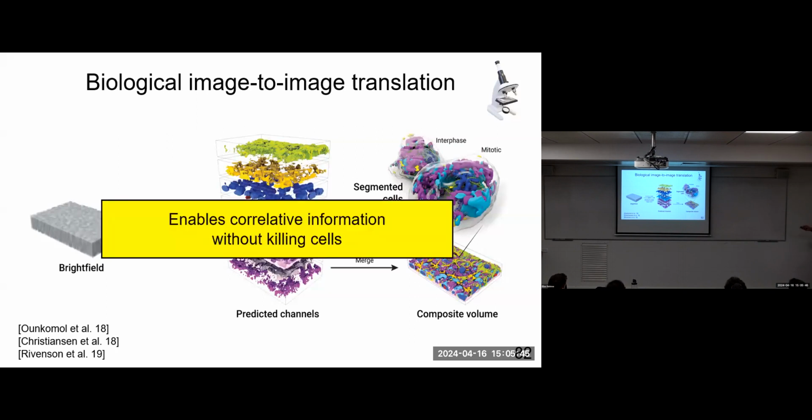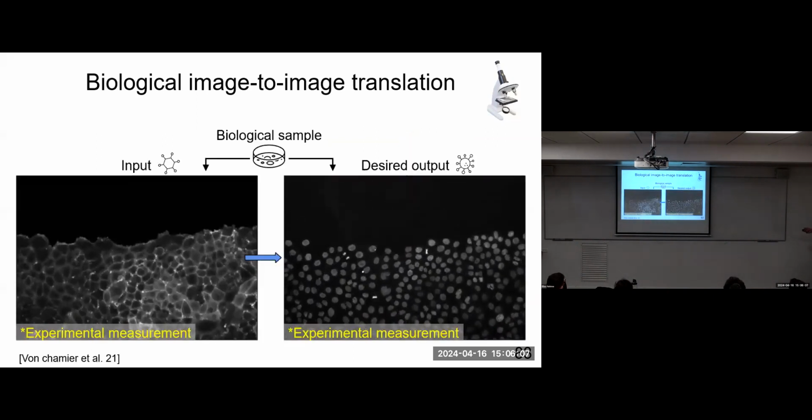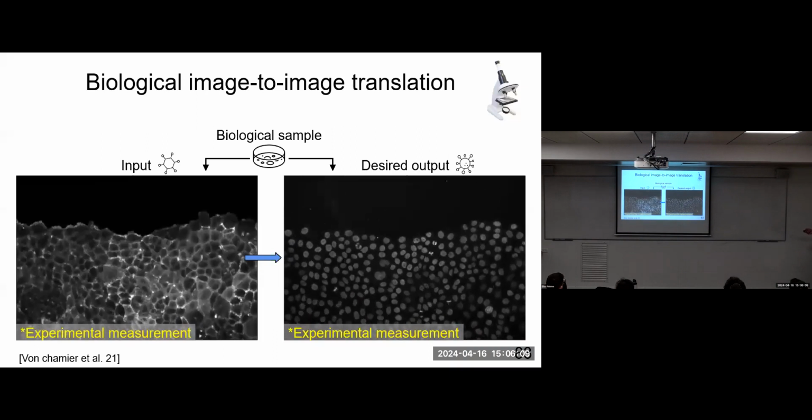And why not simply do this in the experiment? Why do we need a model? Because the more dyes, the more fluorescent tags you add into a sample, it starts to die slowly. So this increases phototoxicity, and therefore this can enable a much prolonged observation window for live cell imaging.